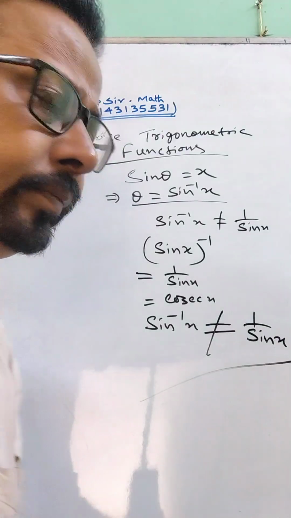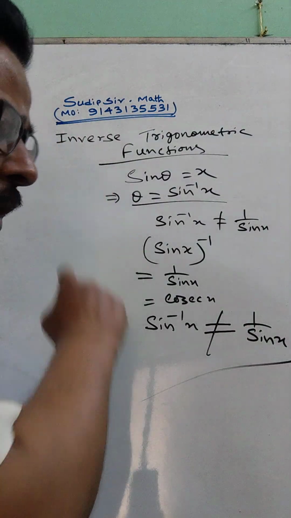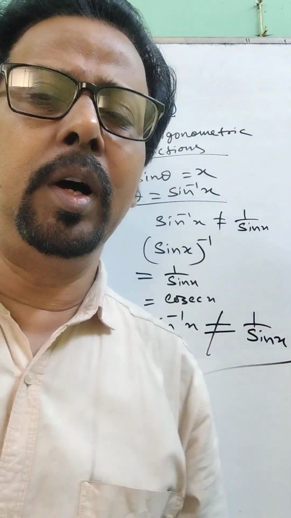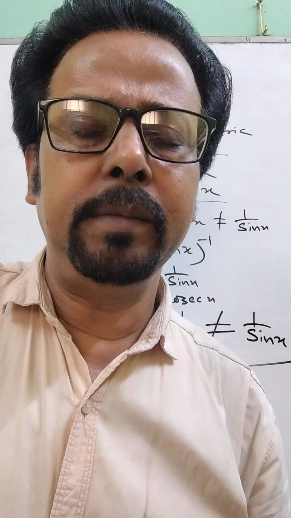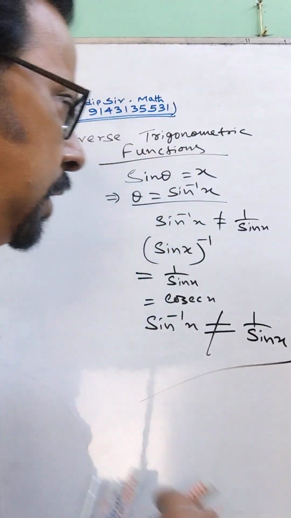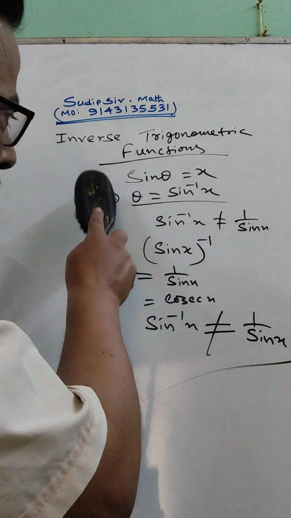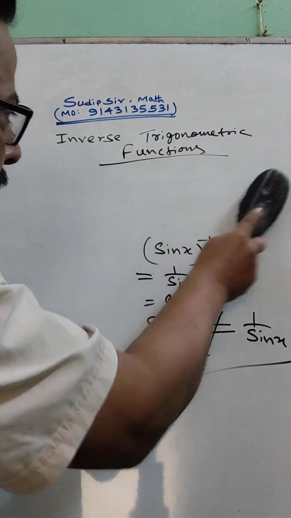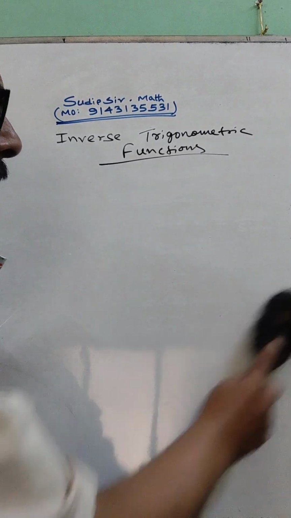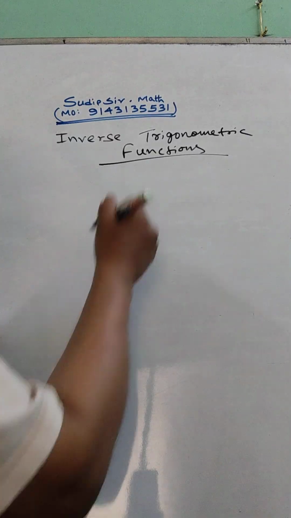Now for any inverse, the function must be bijective, that is one-one and onto. That's why for sin inverse x, there will be some domain and range which follow this.